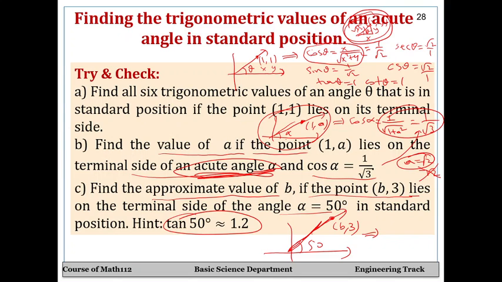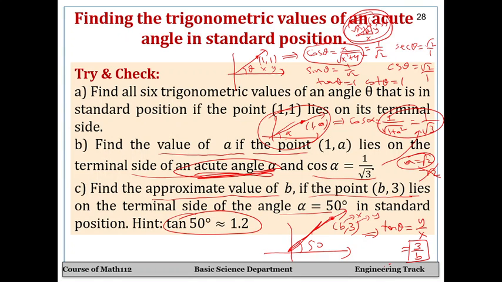Now by using the formulas here, tangent theta is y over x. If you want to see, you can say here x, y, and this is the square root of x squared plus y squared. It will be y over x, the opposite divided by adjacent. Now after remembering this, we can put our x and y here, so it will be 3 over b.